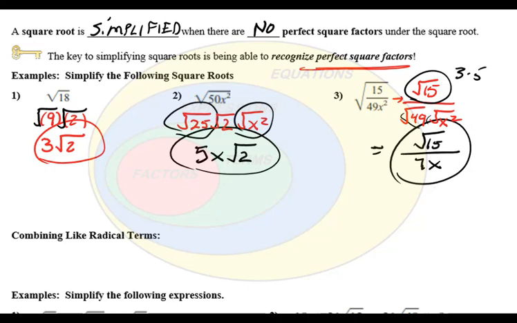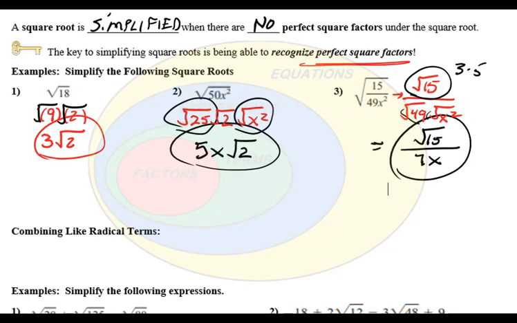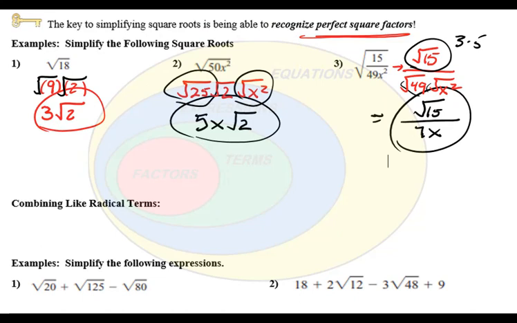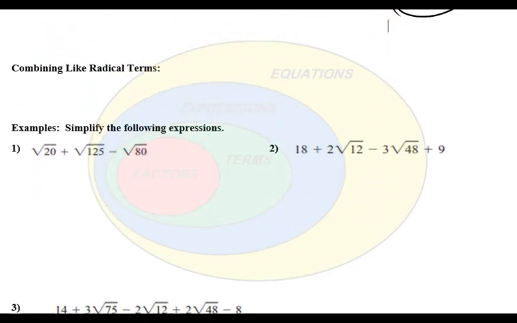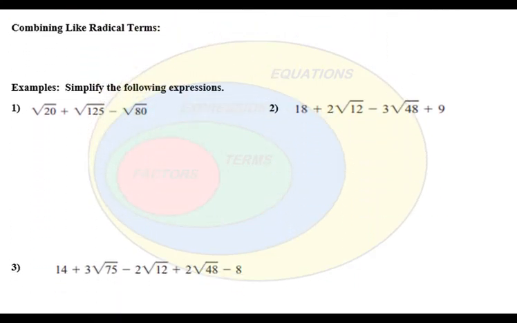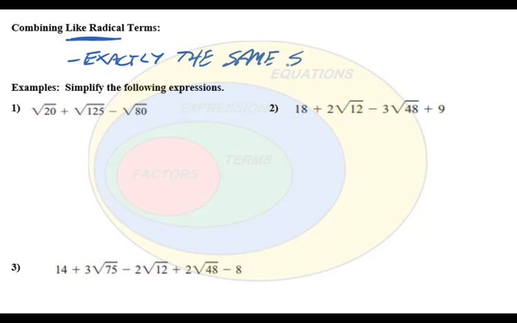All right, so what happens if we have terms that are square roots? What can we do? To combine like radical terms, well, like radical terms have exactly the same simplified square root factor.